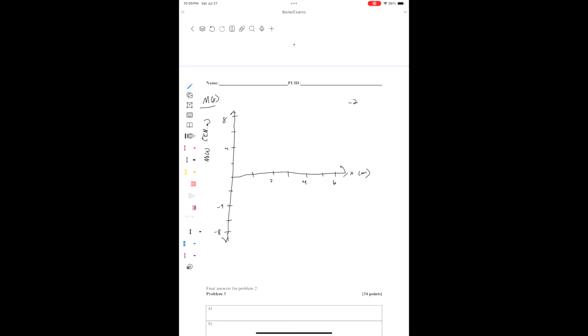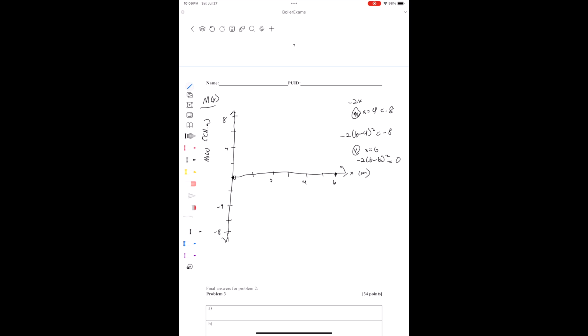Remember from 0 to 4, our moment was negative 2x. So at x equals 4, it's going to be equal to negative 8. And for our other equation, we also get that it's negative 8. And then at x equals 6, we have negative 2 times 0, which is just 0.